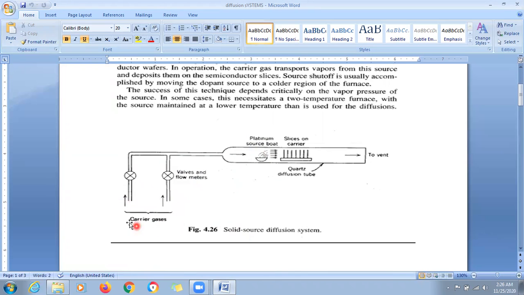From here, carrier gas basically transports vapors from this source and deposits them on the semiconductor slices. These are the slices. The whole process is done inside a quartz diffusion tube.